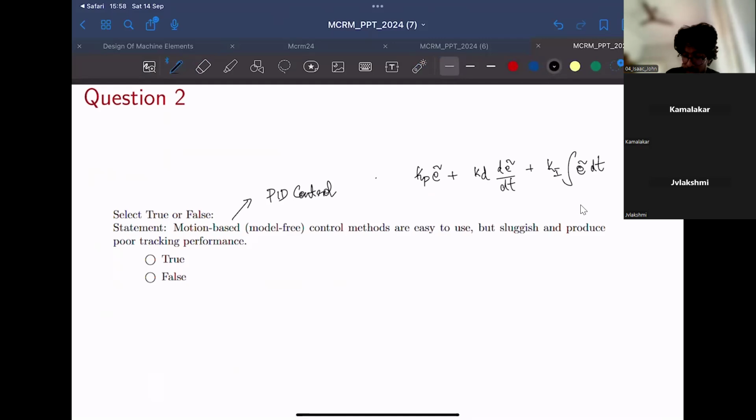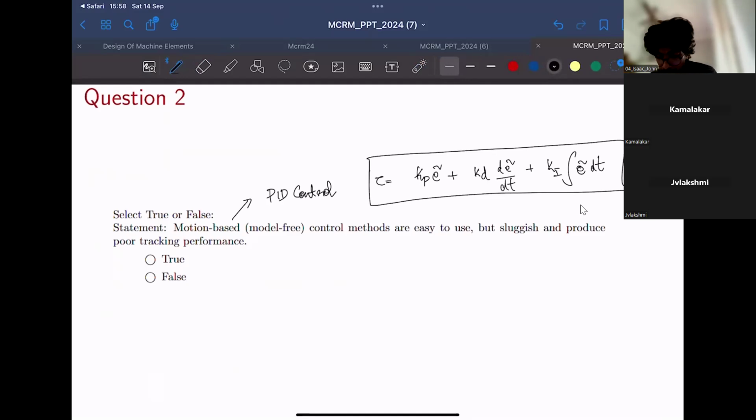You can supply this to be your control input, or you can supply it to be your velocity input. Either case, it'll be as simple as this. You don't need to have a dynamic model or anything like that. So in that regard, it is easy to use, but there is always a sluggishness associated with these sort of controls.